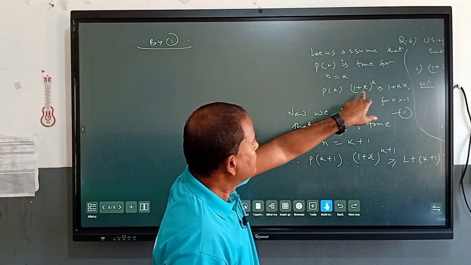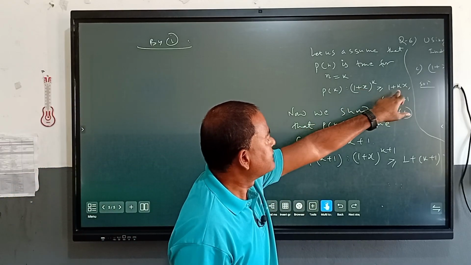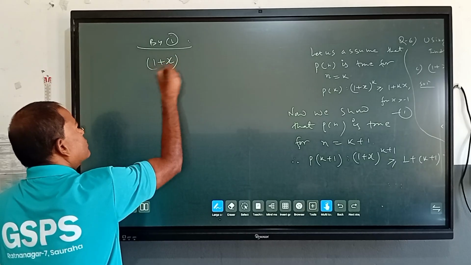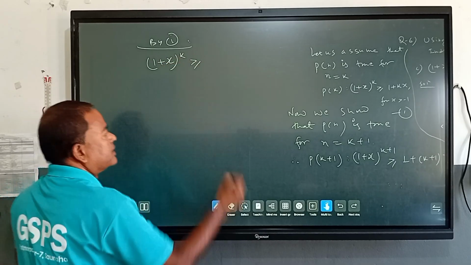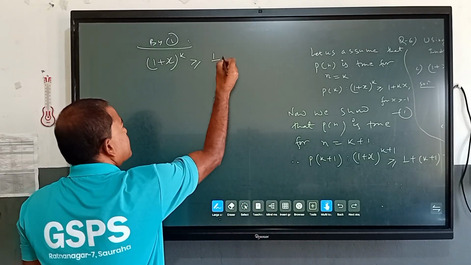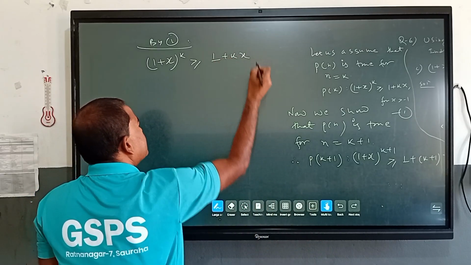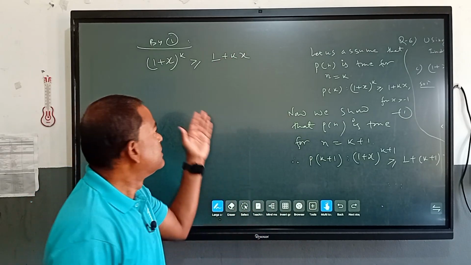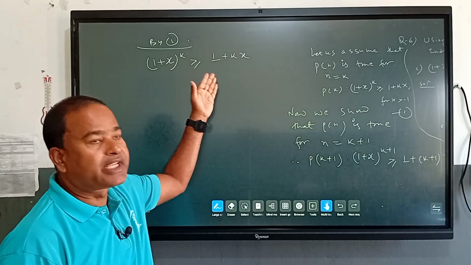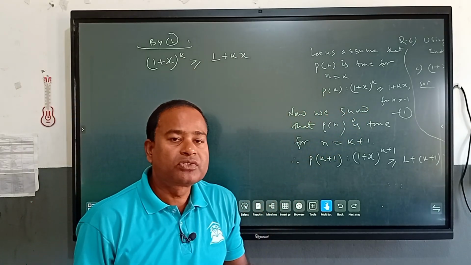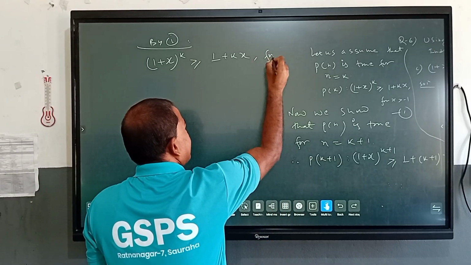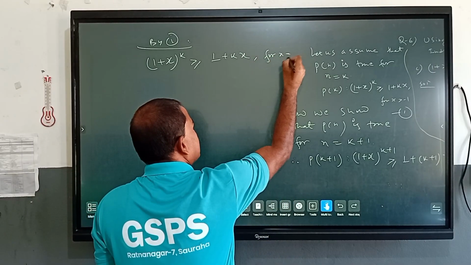Let's write down the expression of the left hand side and the right hand side. (1 plus x) whole power k is greater than or equal to 1 plus kx. So by 1, our statement is (1 plus x) whole power k is greater than or equal to 1 plus kx for x greater than minus 1.